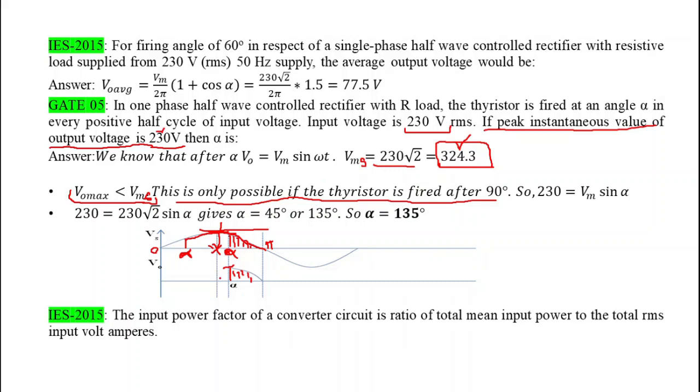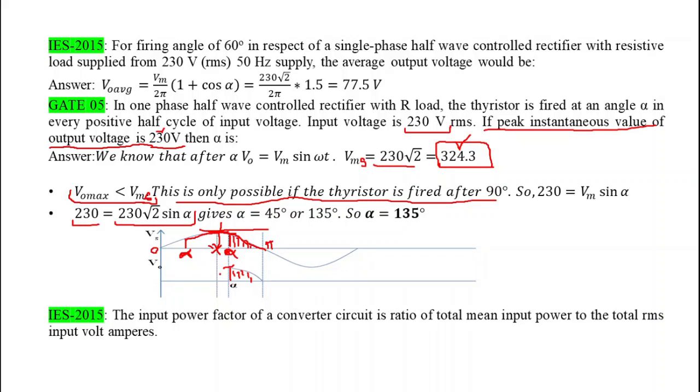When the thyristor is fired after 90 degrees, at an angle alpha the value of the source voltage is 230 root 2 sine alpha, and this is equal to the maximum value of the output voltage.